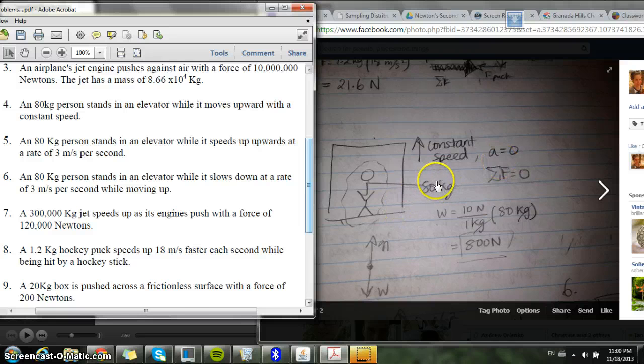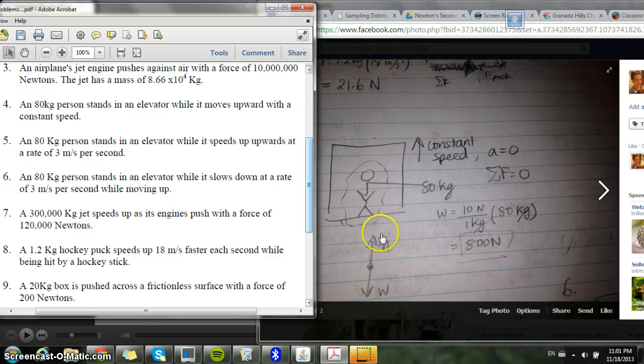And we have the mass, so we can find out the weight using this formula with the 10 newtons over 1 kilogram times our mass, and that'll equal the weight of the person, 800 newtons. And because the net force is 0, the sum of the forces acting on our system, the person, is going to be 0.